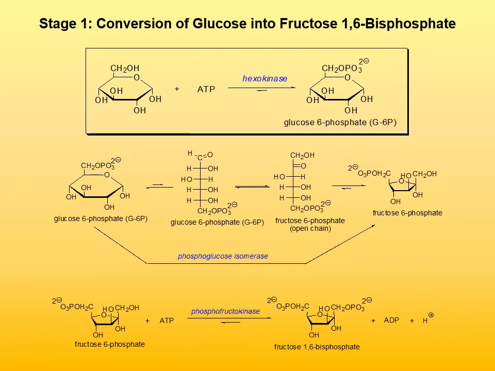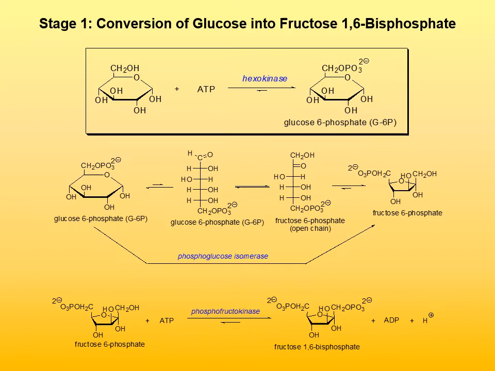Fructose 1,6-bisphosphate is a substrate only for the glycolytic pathway. So formation of fructose 1,6-bisphosphate is going to be the committed step of the glycolytic pathway. Now, before fructose 1,6-bisphosphate can be formed, glucose 6-phosphate first has to isomerize in a reversible step, so obviously catalyzed by Michaelis-Menten enzymes, so enzymes that are not controlled. The enzyme is phosphoglucose isomerase.